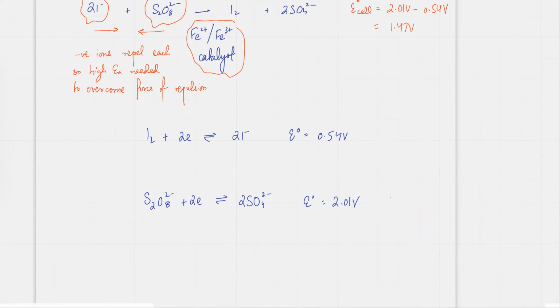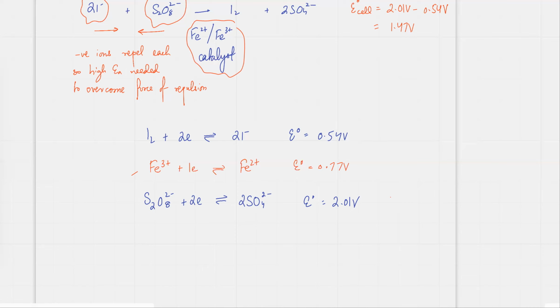But when we add an Fe catalyst, in the form of Fe3 plus or Fe2 plus ions, what now happens is that the two electrodes were not reacting with each other, but they would go and react with Fe3 plus.